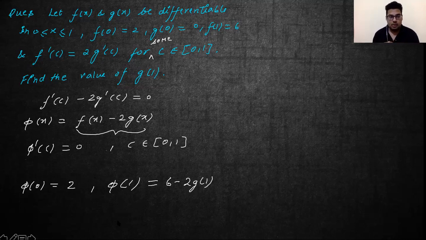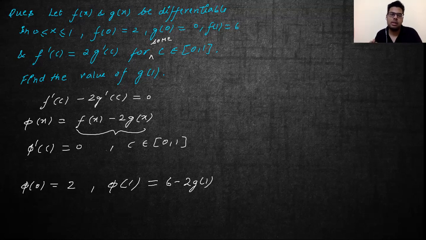So now we have phi of 0 equals 2, phi of 1 equals 6 minus 2 times g of 1. If we make phi of 0 equal to phi of 1, clearly Rolle's theorem is applicable and phi dash c equals 0 where c belongs to 0 to 1. That is absolutely fine.